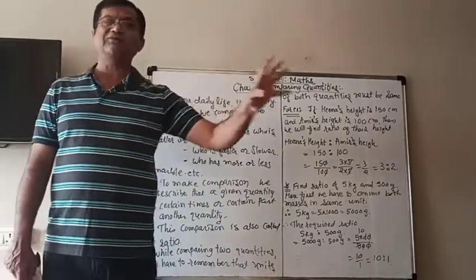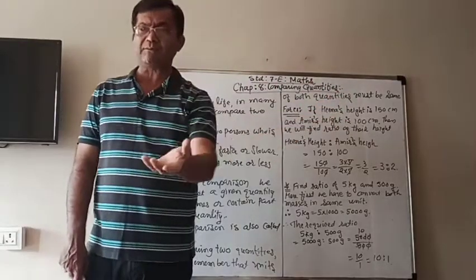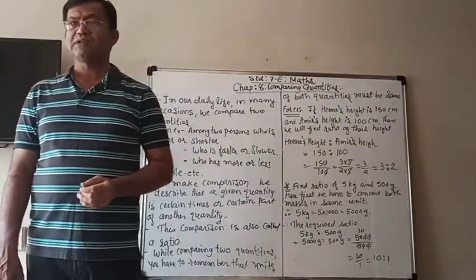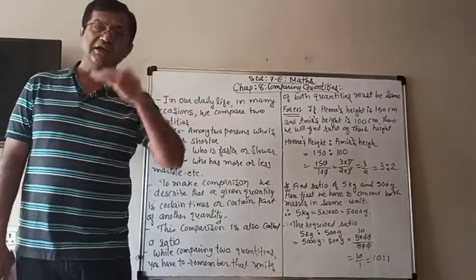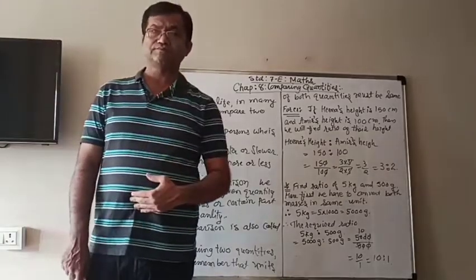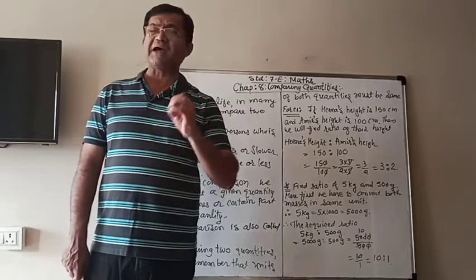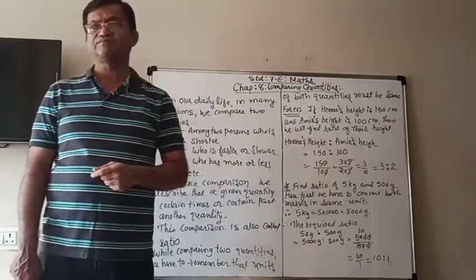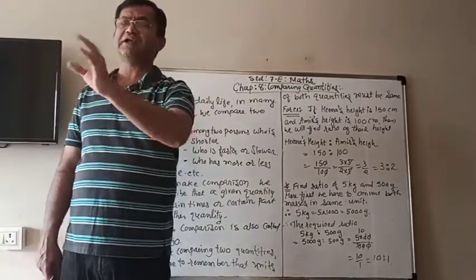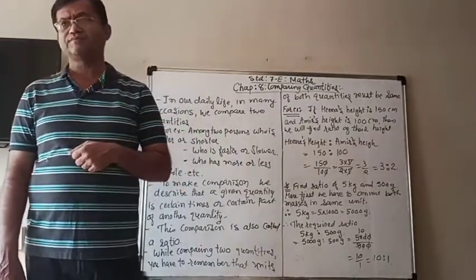If it is kilogram and gram, then you can compare them, because you can convert the kilogram into gram and then carry on. You cannot directly compare 3 kilogram and 300 gram, or 7 kilometer and 200 centimeter.